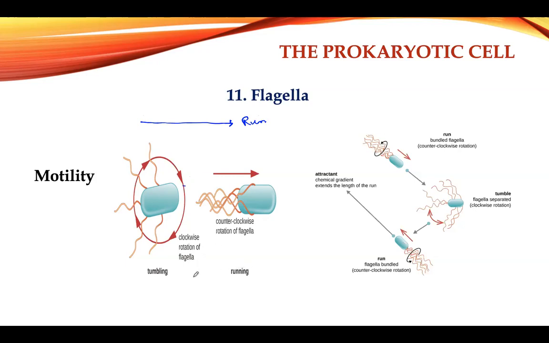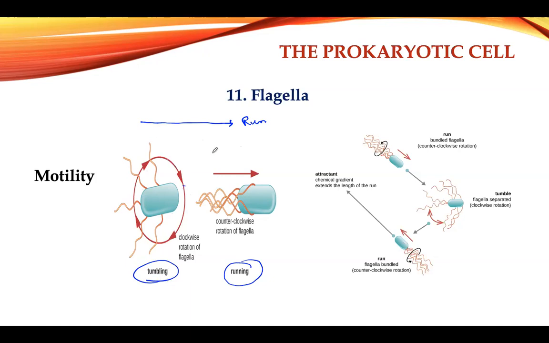So there are two ways they can move: one is running or tumbling. Now by run, they can go straight. By tumbling, they actually move in a circle, but they only do tumbling when they want to change the direction.